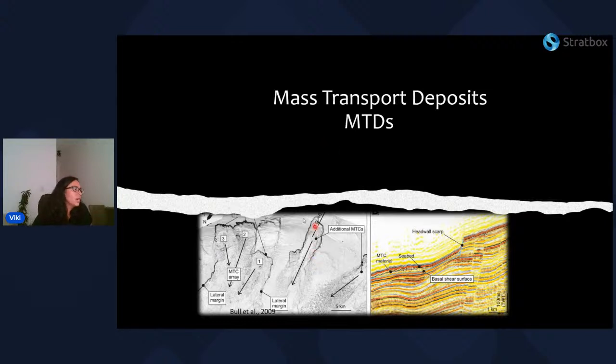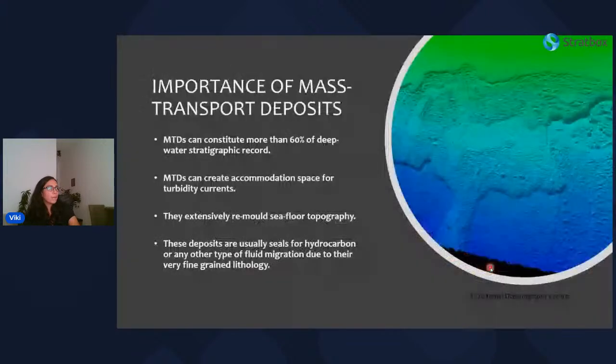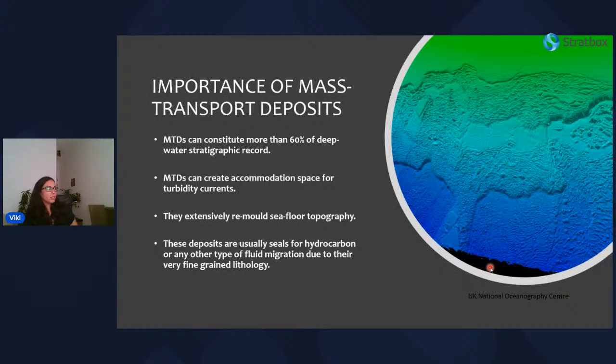In here we have a couple of seismic illustrations to show several mass transport deposits. We can call them mass transport complexes as well. And in here we have a seismic showing the headwall scarp and the rest of the mass movement towards downslope.